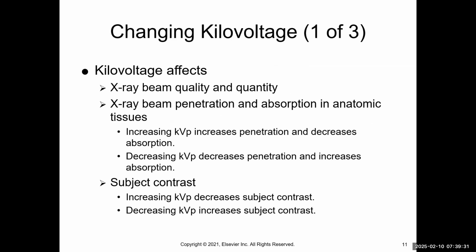Changing kV. Kilovoltage affects, we know that it affects both quality and quantity. Remember, we said it actually has more of an effect on quantity than mass does, right? Because it only takes how much of a change in kVp to either double or half receptor exposure? 15%.